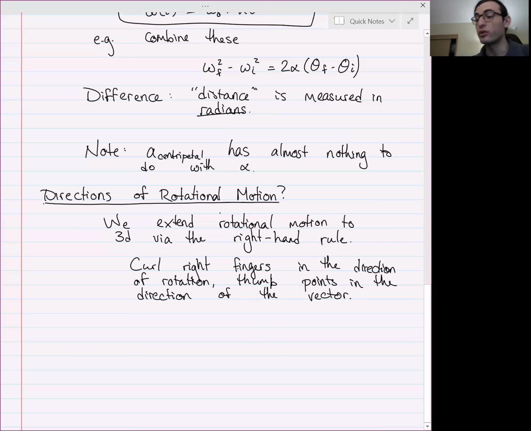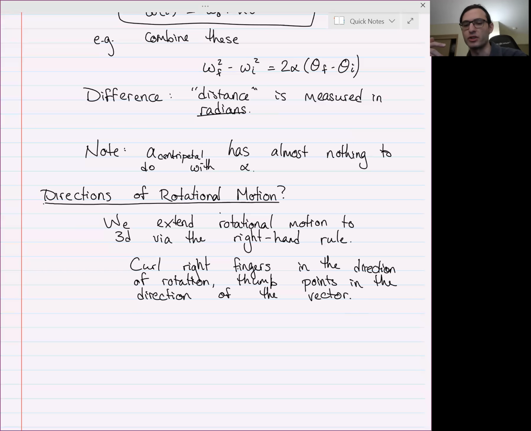So the way we associate rotational motion with a vector, so that we can start talking about rotational motion in 3 dimensions, is we basically just associate the rotational motion with the axis about which it's rotating, because every type of rotation has a unique axis about which it rotates.